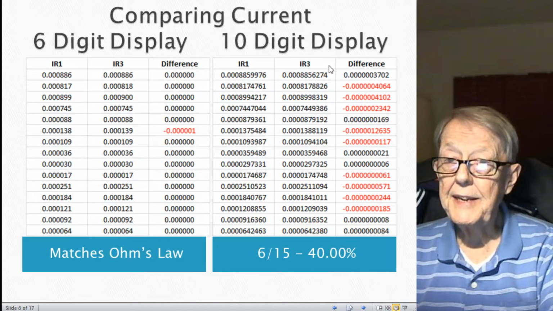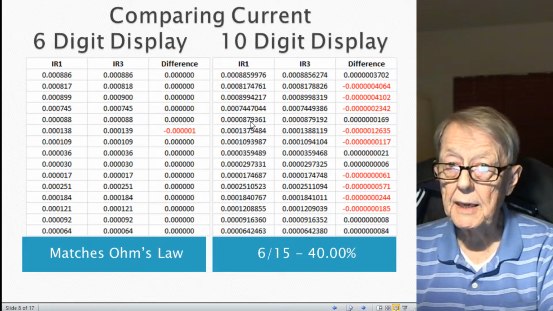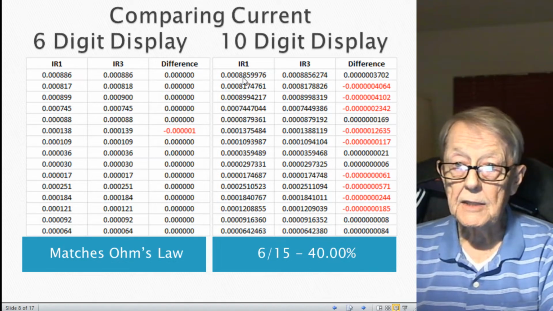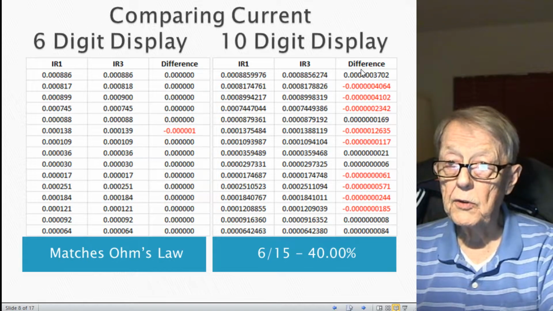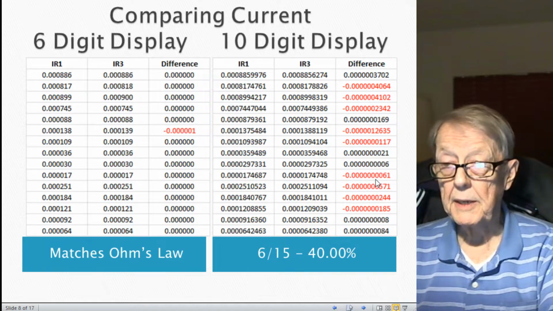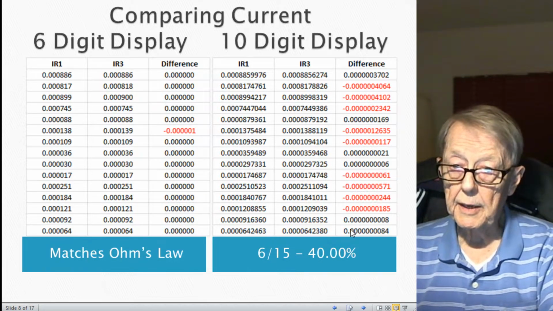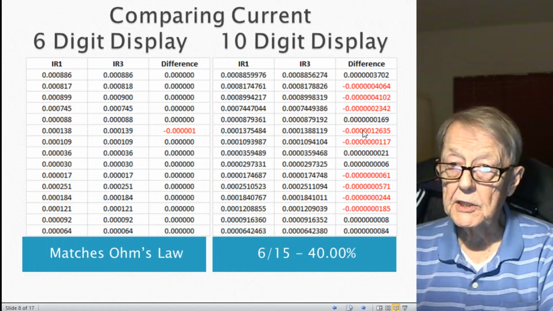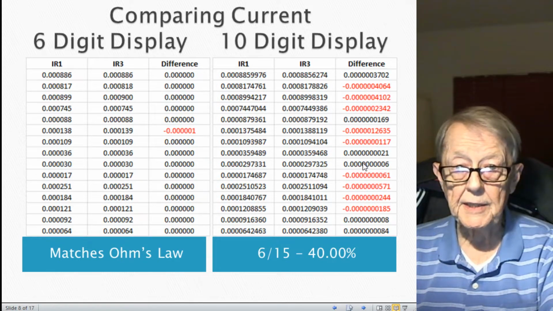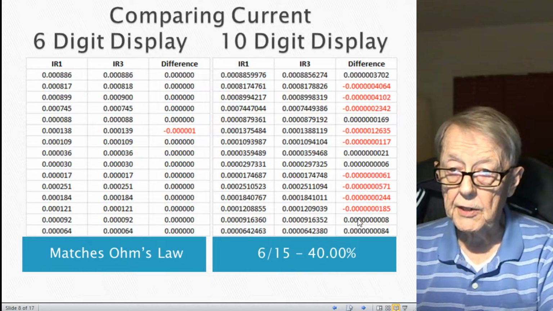So all I did here was change the number of decimal digits displayed to 10. So I've added 4 more digits down here at the end, and when you do the difference there, it shows up, and it shows up badly, poorly. There are only 6 circuits: Circuit 1, Circuit 5, Circuit 8, Circuit 9, Circuit 14, and 15.